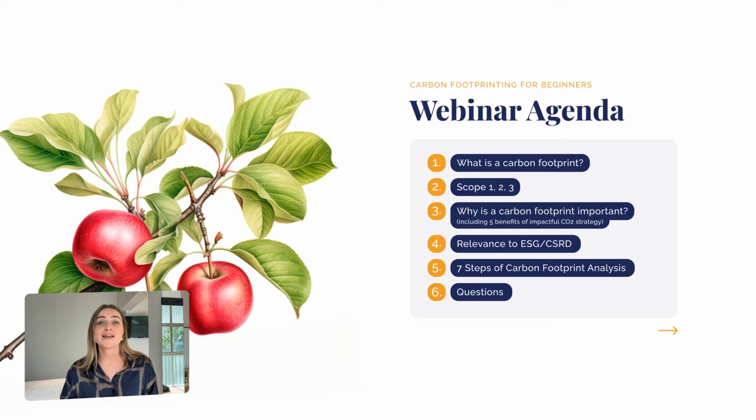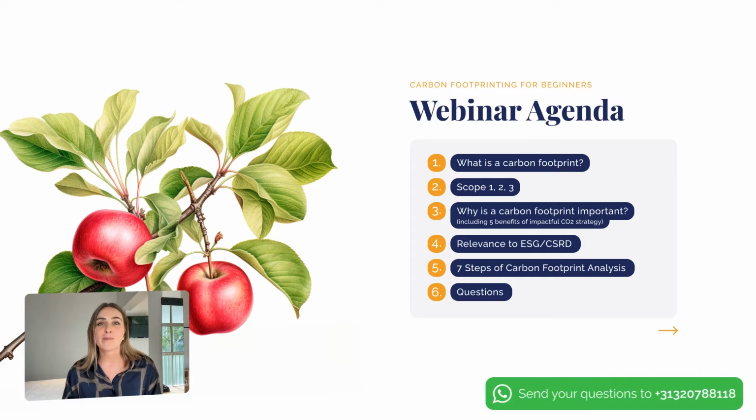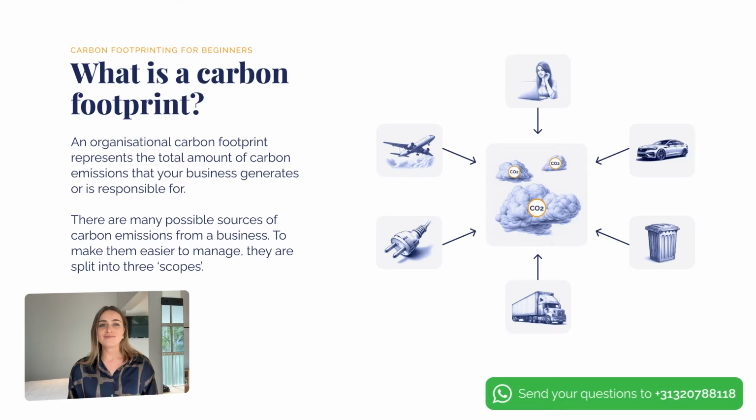I will also include examples of our online CO2 expert tool. And finally, we will have room for some of your questions. Feel free, if you have any questions during the webinar, to send a WhatsApp to the number below. I've added it on the slides.